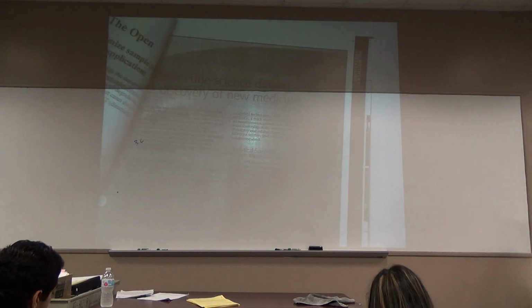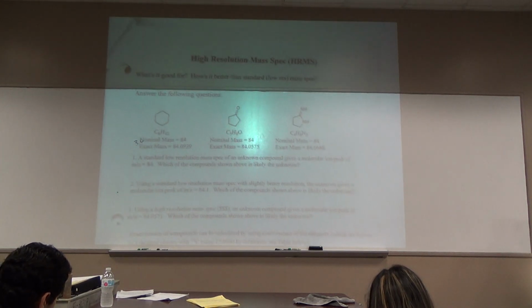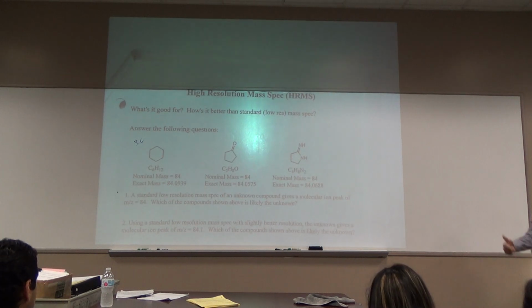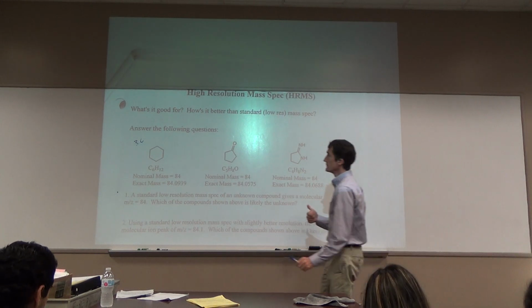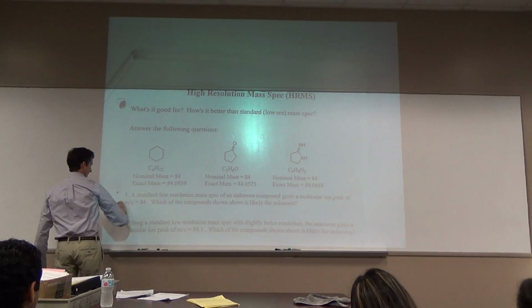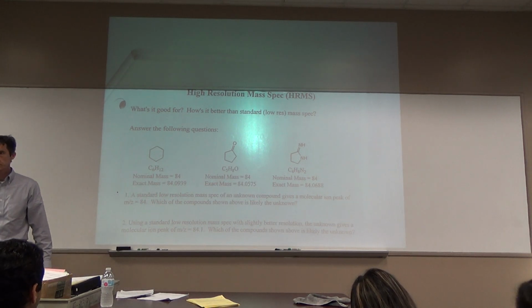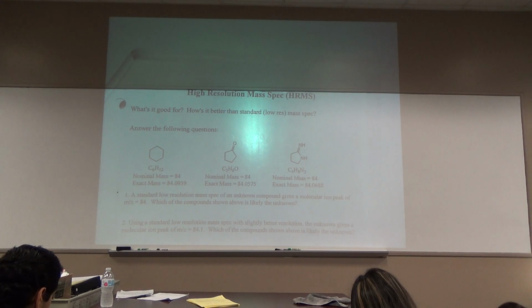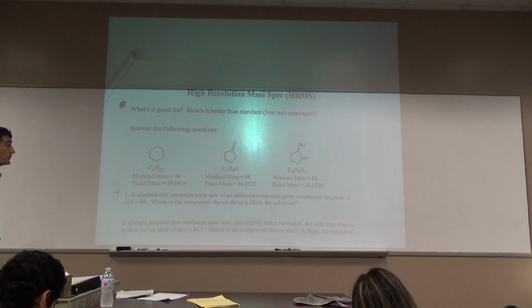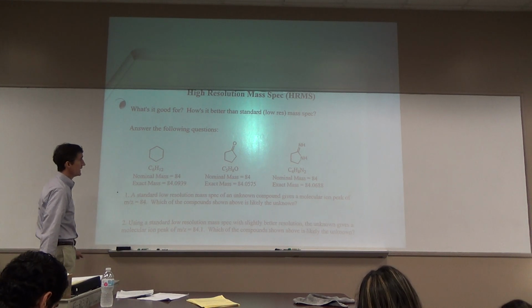Let me make a comment about high resolution mass spec. Everything we've been doing is low res, whole numbers. You can do high resolution mass spec, which typically gives you 4 decimal places. We mentioned last time that's also more money, right? More expensive instrument.